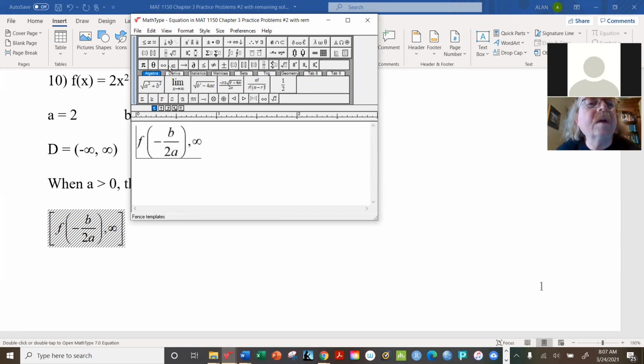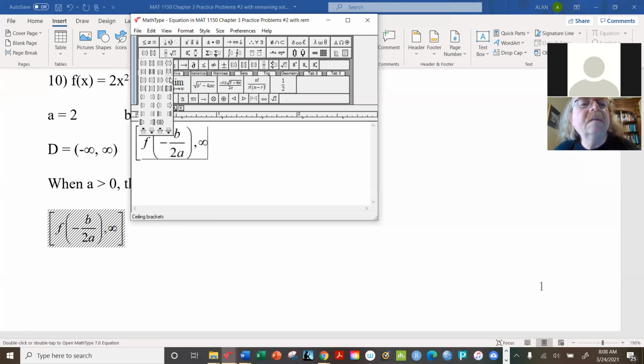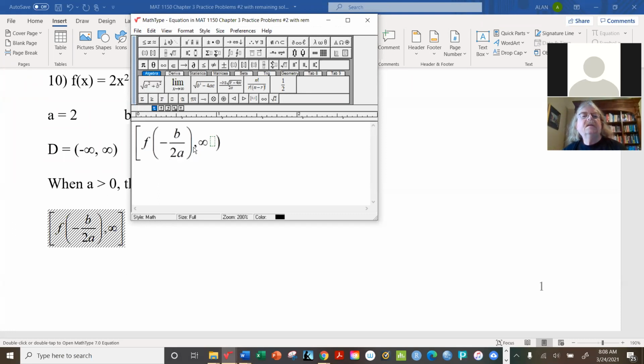The left side is a square bracket, and the right-hand side is a round bracket because of the infinity. All right, it's all set now.